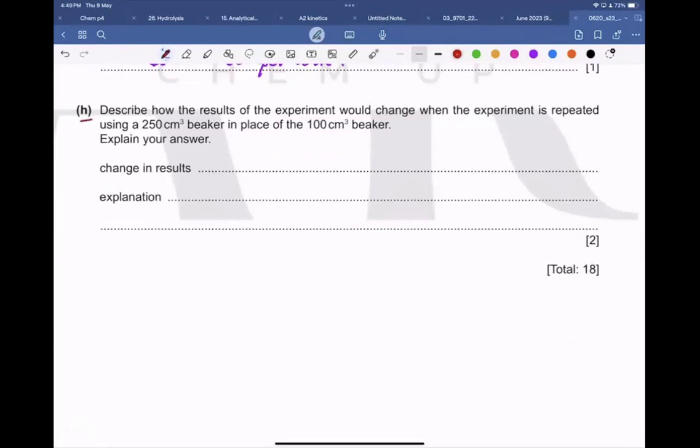Now part H. Describe how the results of the experiment would change when the experiment is repeated using a 250 cm³ beaker in place of a 100 cm³ beaker. Explain your answer.